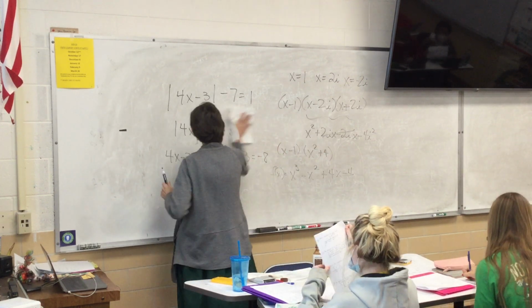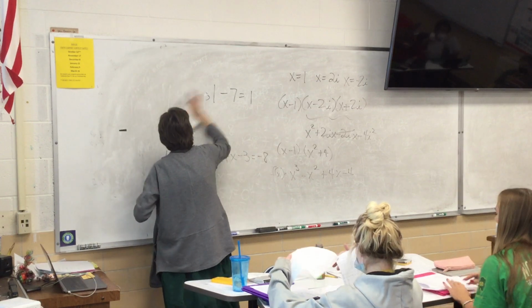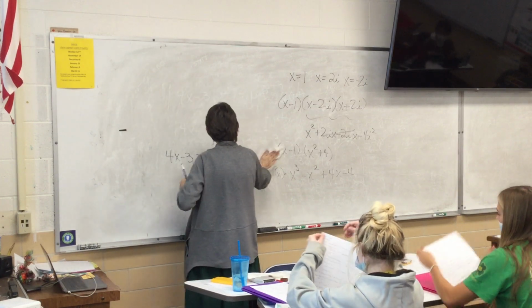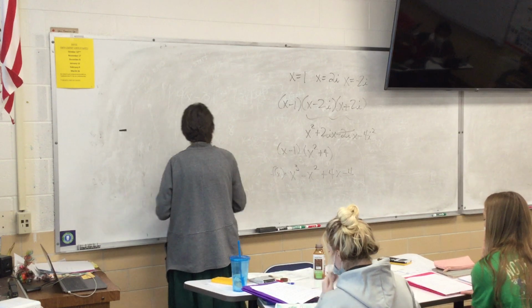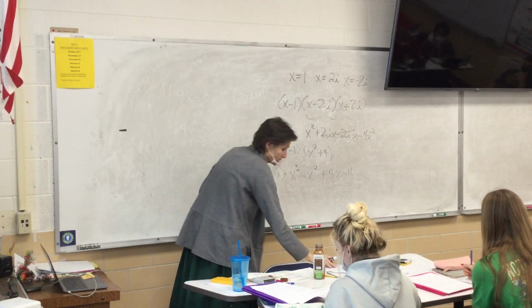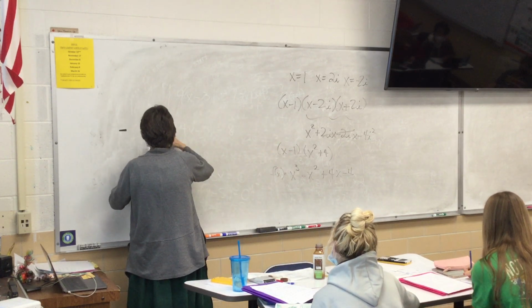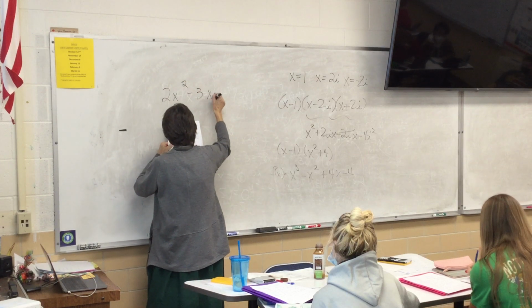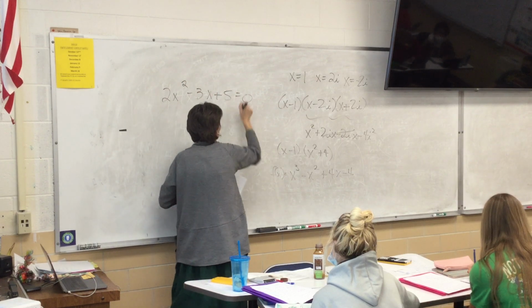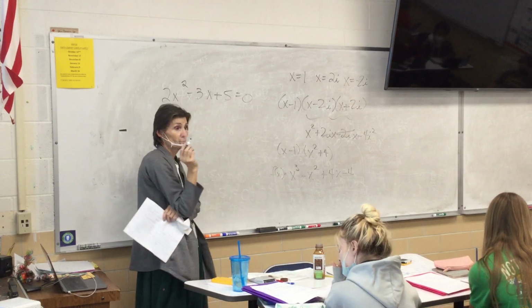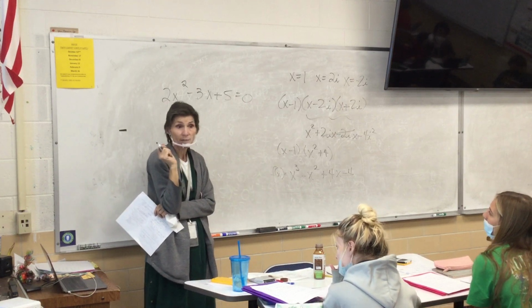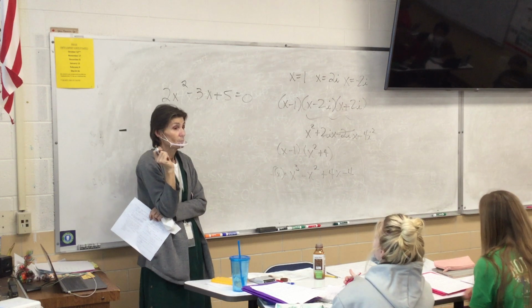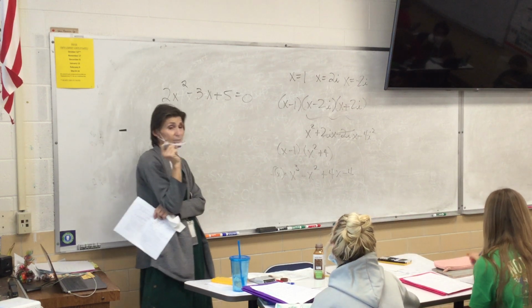Well, now wait a minute, let's not make more of this than it is. What kind of an equation is this? Quadratic. How do we solve quadratic equations? We can use the quadratic formula, right? If it factors, I could factor it.